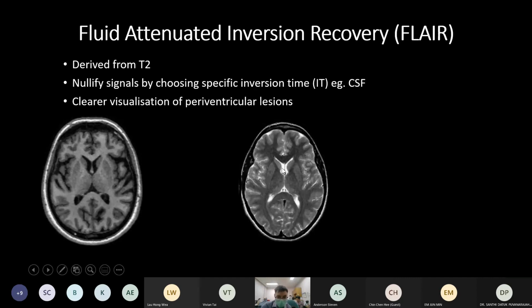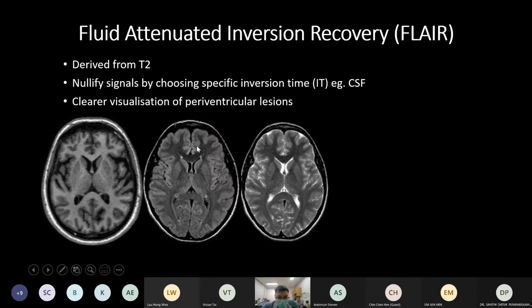So this is T2. So FLAIR, as you can see here, is exactly the same image as T2, but because we choose a specific time, we will negate the water component, which means MRI doesn't detect the CSF flow, which will appear dark, as you can see here.